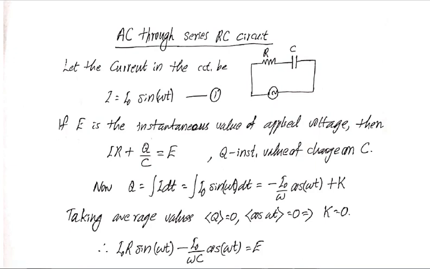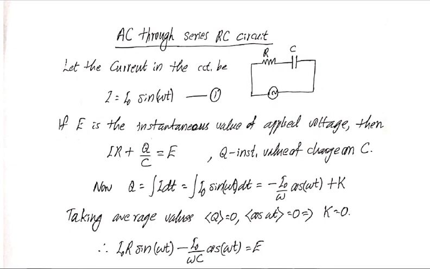Now the charge on the plates of the capacitor: the current passing through the circuit is dQ by dt. If Q is the instantaneous value of charge on the capacitor, then dQ by dt is the rate of change of charge on the plates of the capacitor, representing the current passing through the circuit.